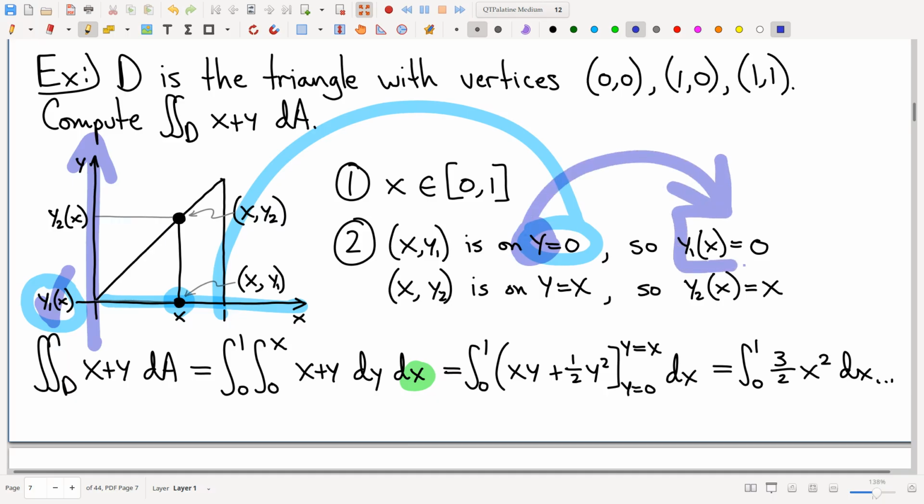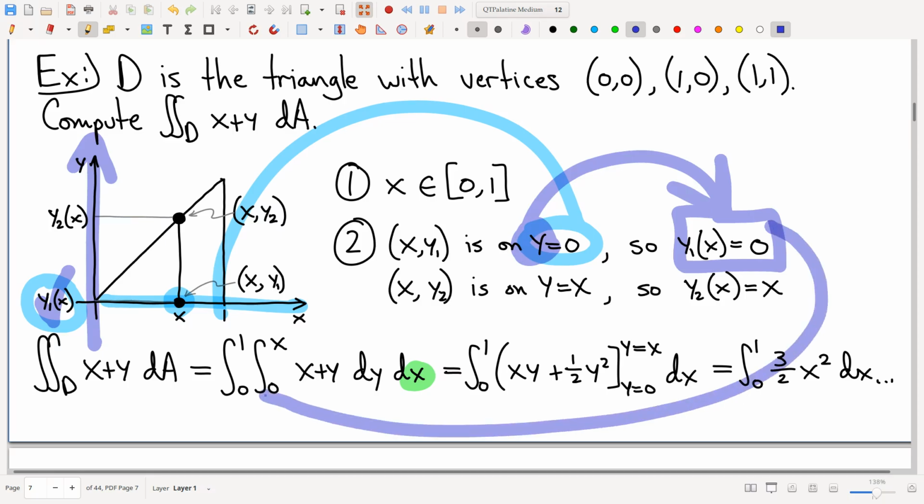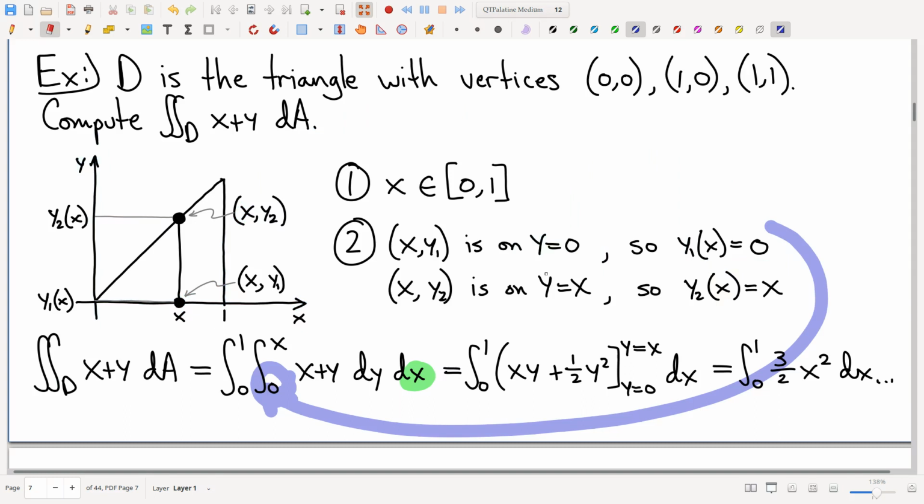And y as a function of x there is this, and that is our lower bound. Let's see the upper bound. Let me just clean up the whole thing.